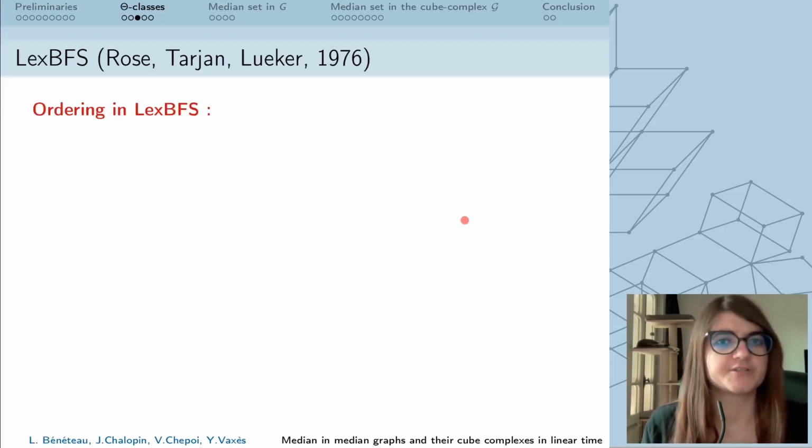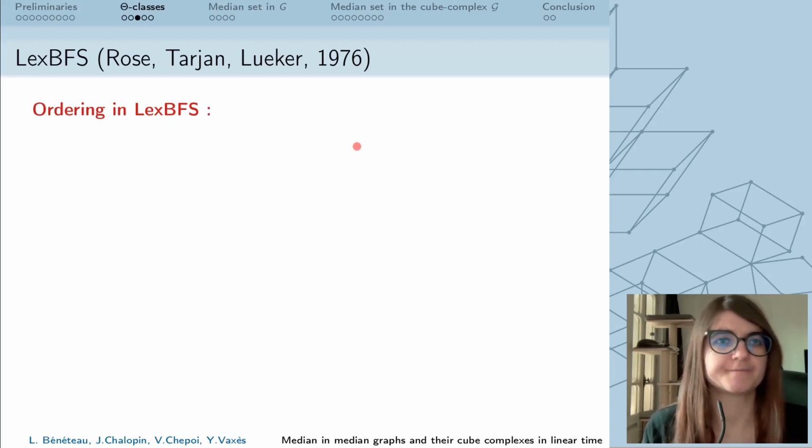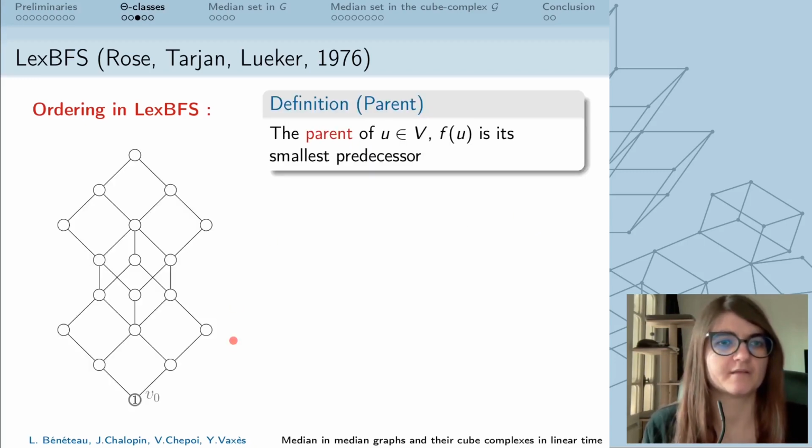So we will proceed with LexBFS. I will show the rules of execution of LexBFS on an example. So first of all, we add the base point. Then we have to add its neighbors on the LexBFS. There is no way to discriminate them, so we'll order them arbitrarily.